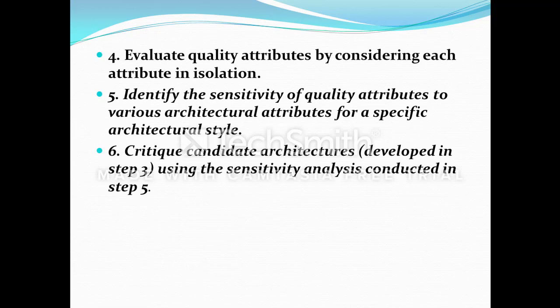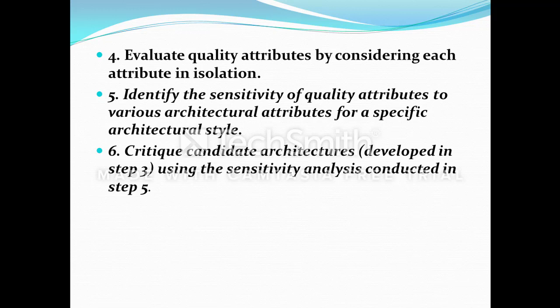Next, fourth activity, evaluate quality attributes by considering each attribute in isolation. Next, fifth activity, identify the sensitivity of quality attributes to various architectural attributes for a specific architectural style.